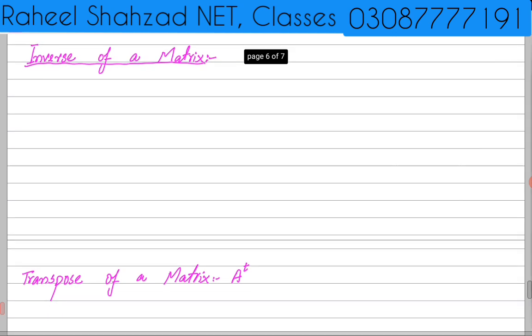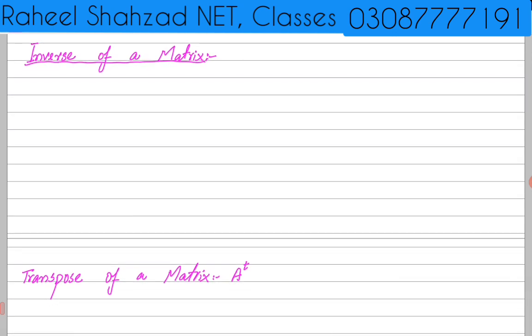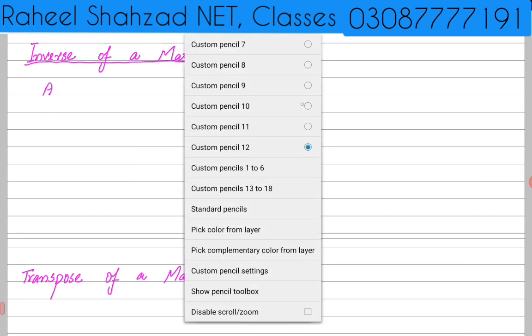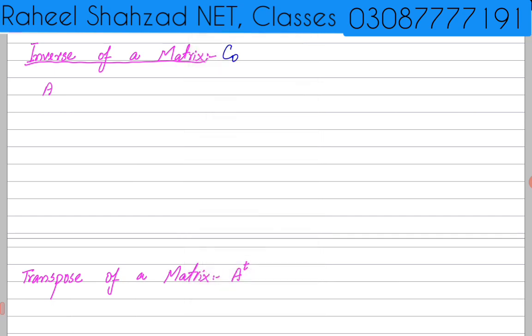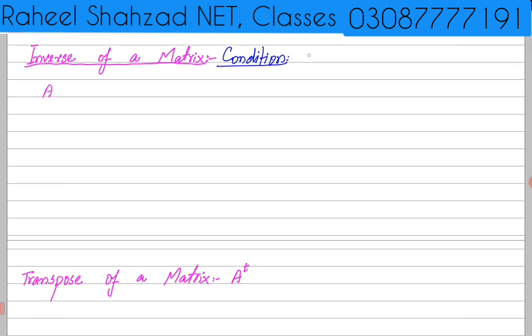Next comes the inverse of a matrix. Now, in order to find the inverse of a matrix, there is only one condition you should know. The condition is that it must be a non-singular matrix.